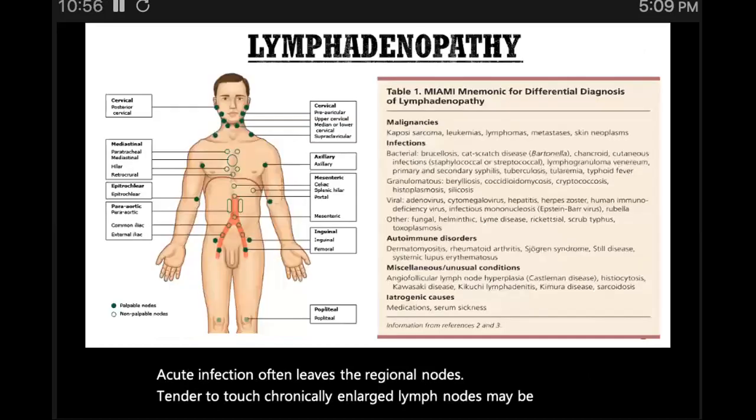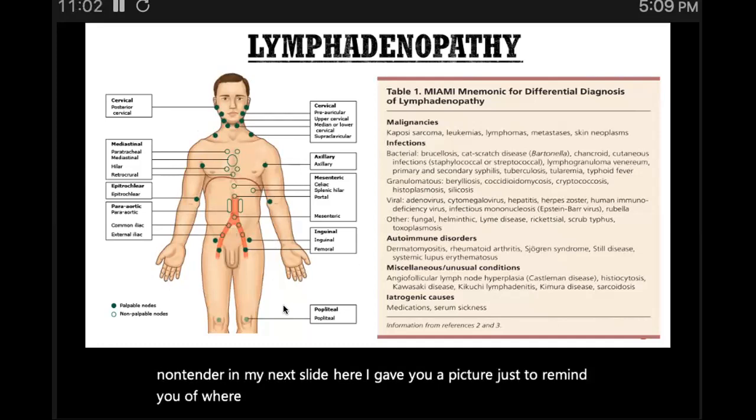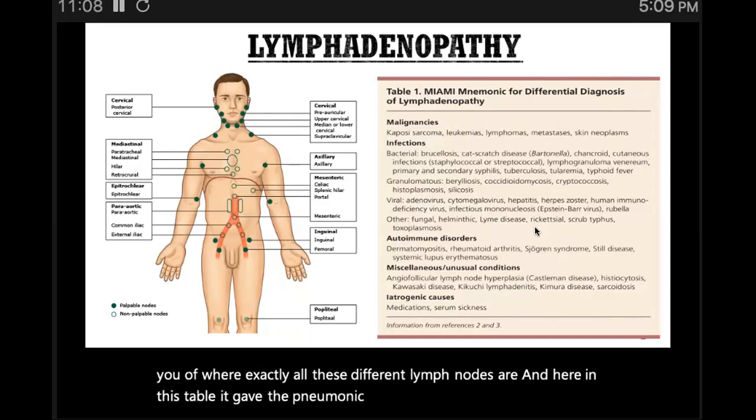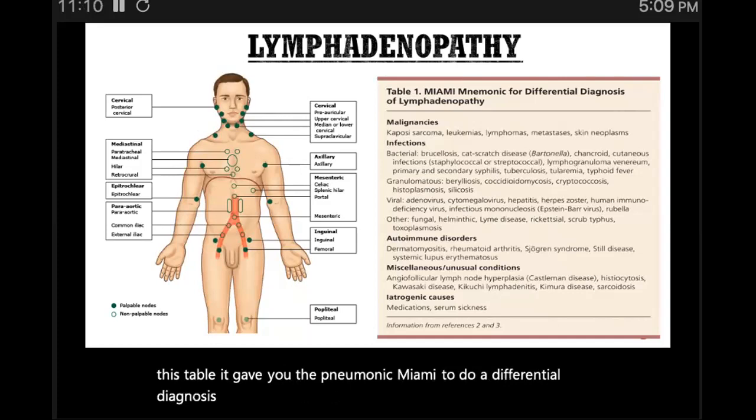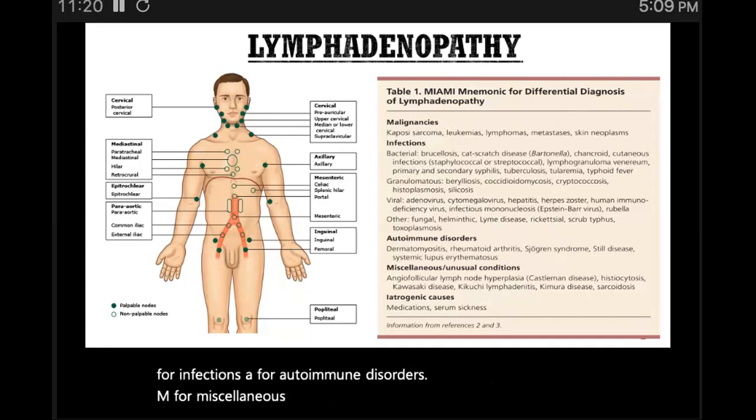In my next slide here, I gave you a picture just to remind you of where exactly all these different lymph nodes are. And here in this table, it gave you the mnemonic MIAMI to do a differential diagnosis of your lymphadenopathy. So MIAMI being M for malignancies, I for infections, A for autoimmune disorders, M for miscellaneous unusual conditions, and then I for iatrogenic causes like medications or serum sickness.